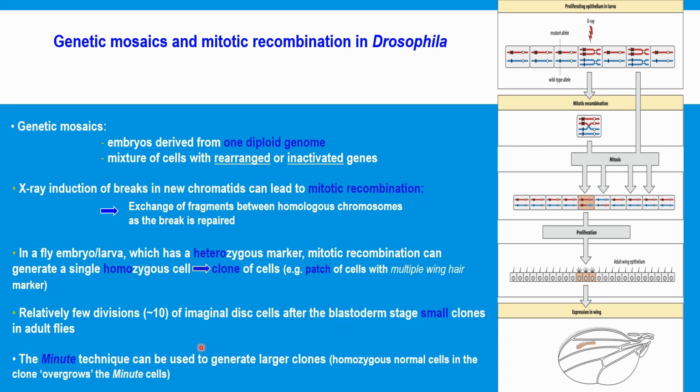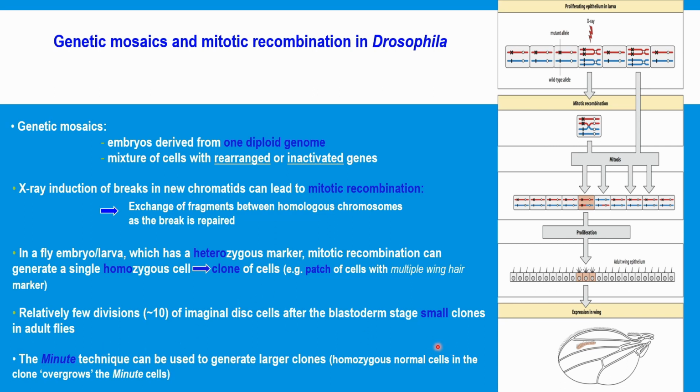I'll go through it in the next slide as well, but I can mention that the technique can be modified somewhat using minute mutations. And minute mutations in flies are typically mutations in ribosomal proteins that are essential for cell growth. And if we mutate even one copy of a minute gene, it tends to have an effect on the rate of cell growth.